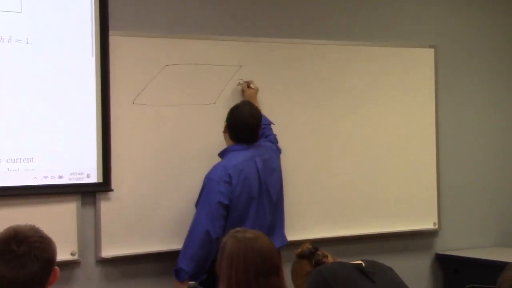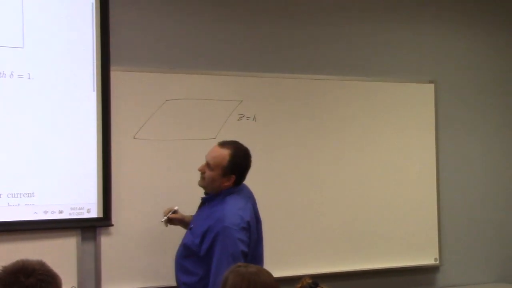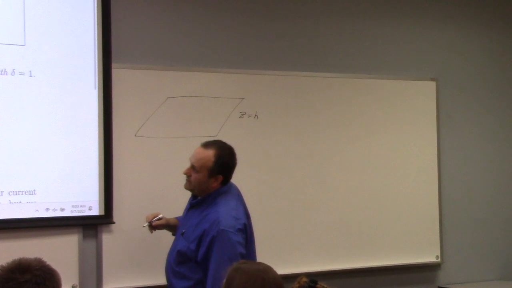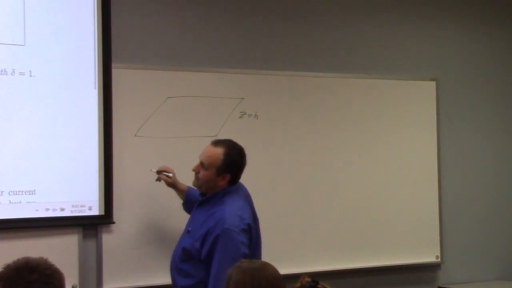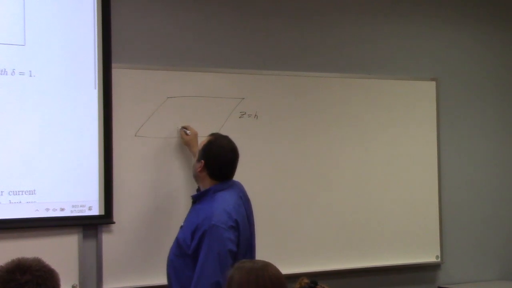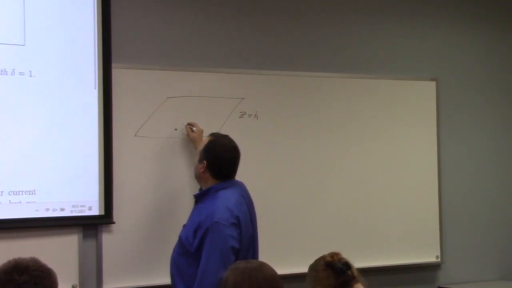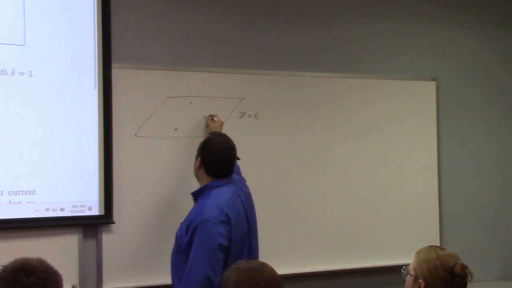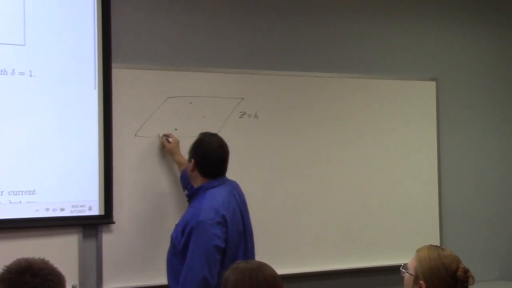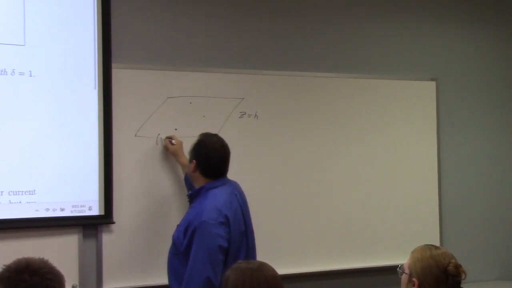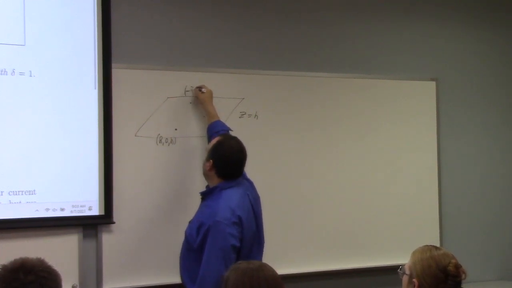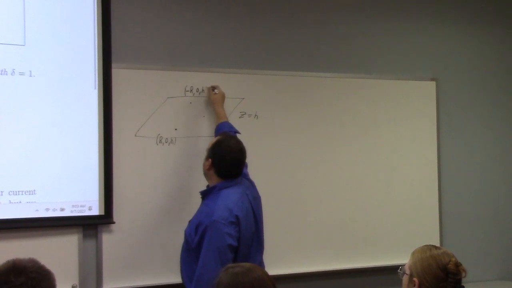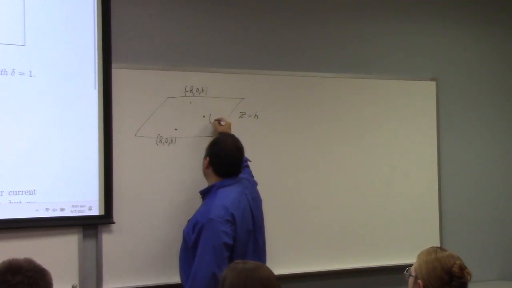So we've got the z equals h plane, and it's going from where to where? Here to here. So the initial point was r, 0, h, and then it goes to minus r, 0, h, right? Over here at pi over 2, where are we? 0.